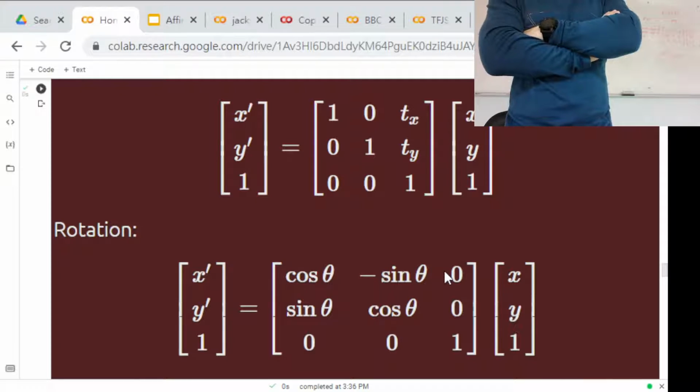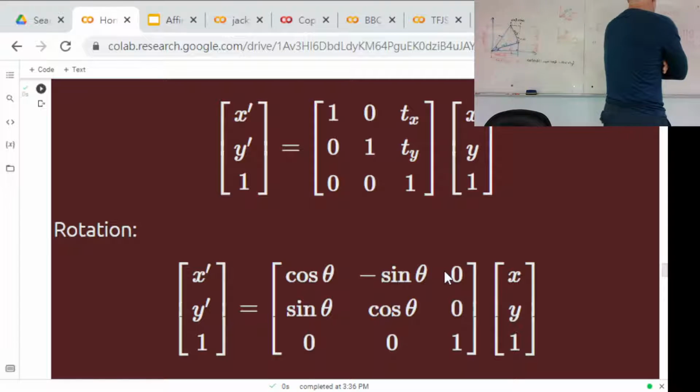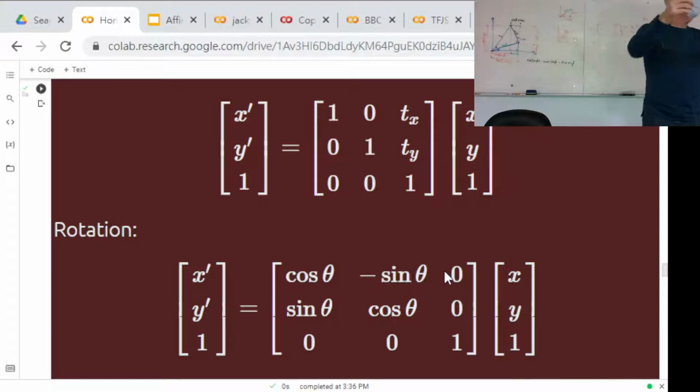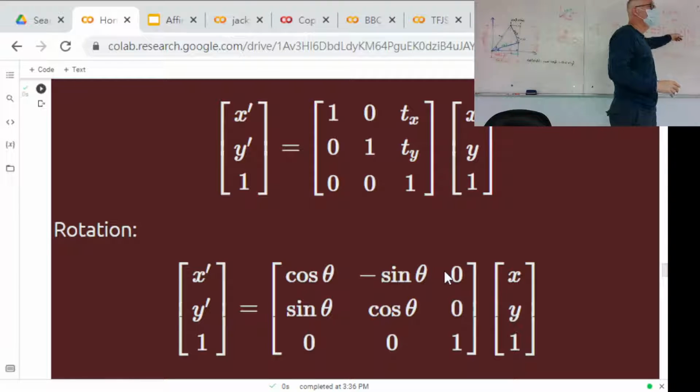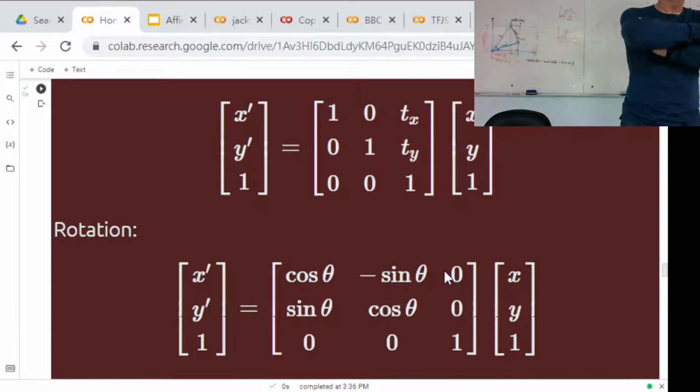It becomes smaller. But right now, given this 3 by 3 matrix representation or 4 by 4 matrix representation, it wouldn't get smaller. It will stay the same length, because the points would simply be shifted and the distance between the 2 points would remain the same.